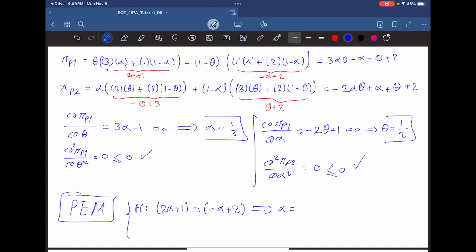This gives us alpha 1 over 3. Same thing. And for P2, negative theta plus 3 equals theta plus 2. We will end up with theta equals 1 over 2. And yes, that's it.